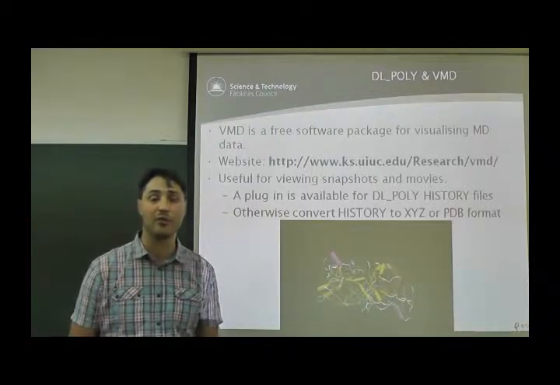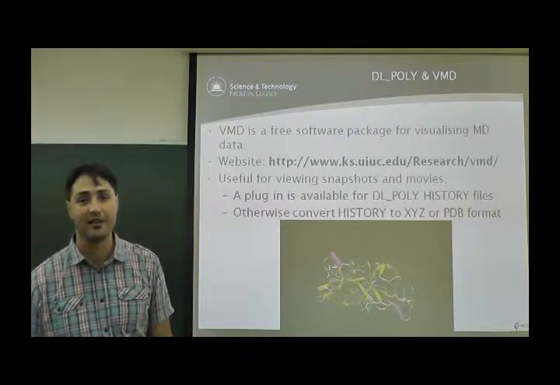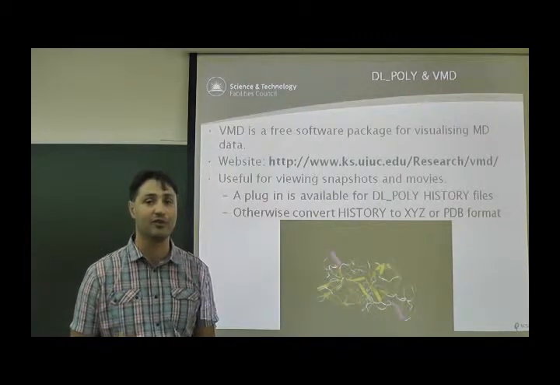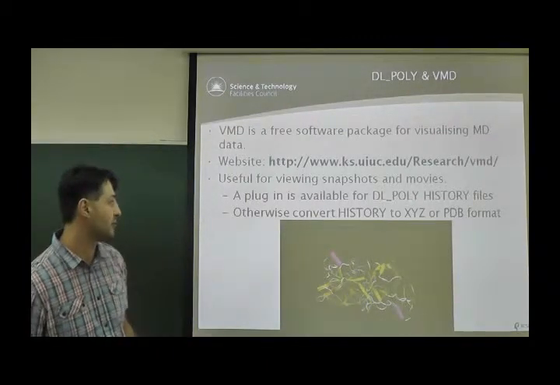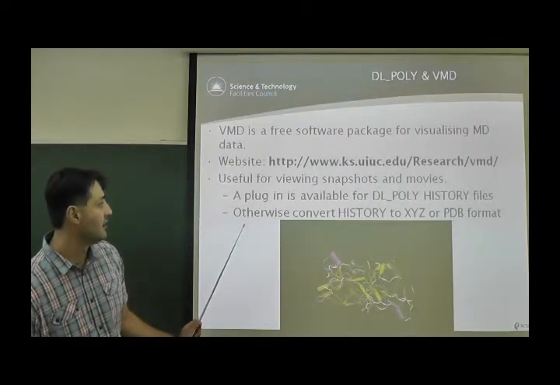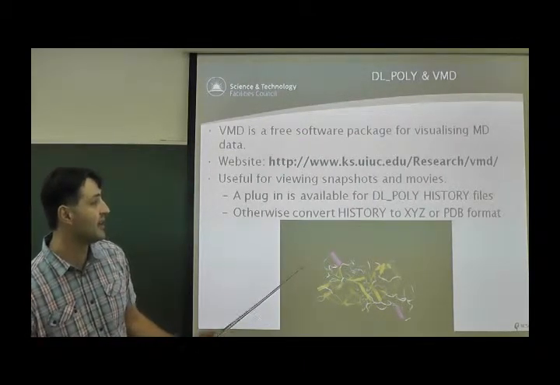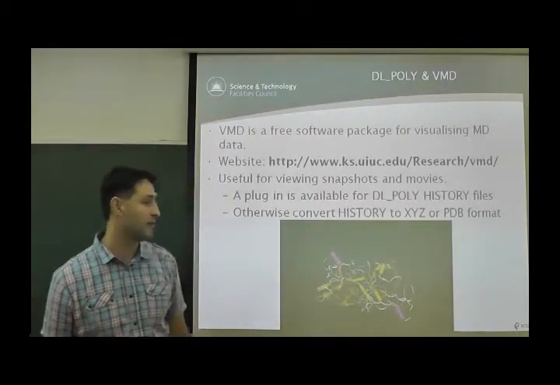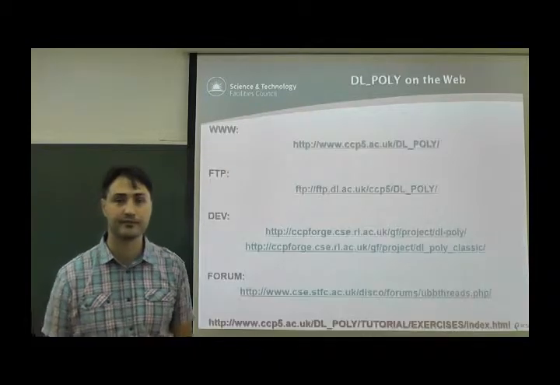You just have to opt for what kind of version of DL_POLY HISTORY file you're specifying, whether it's version 3 compatible or version 2 compatible. It can also display other files like XYZ or PDB format, so it's a very, very powerful visualization package.